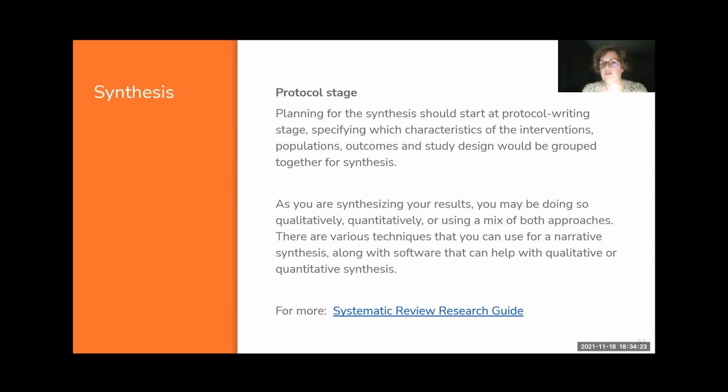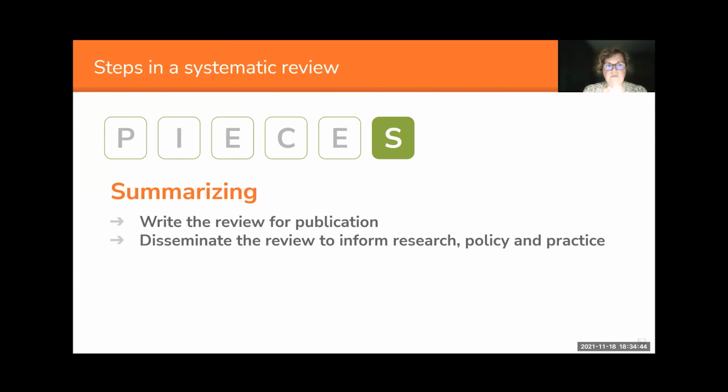So it's a decision that you have to make. And I'm linking here to the University of Ottawa Library systematic review guide, because we have a few suggestions on how to do this step. And there are additional resources, I'll show that in a minute, that could help you with that step.